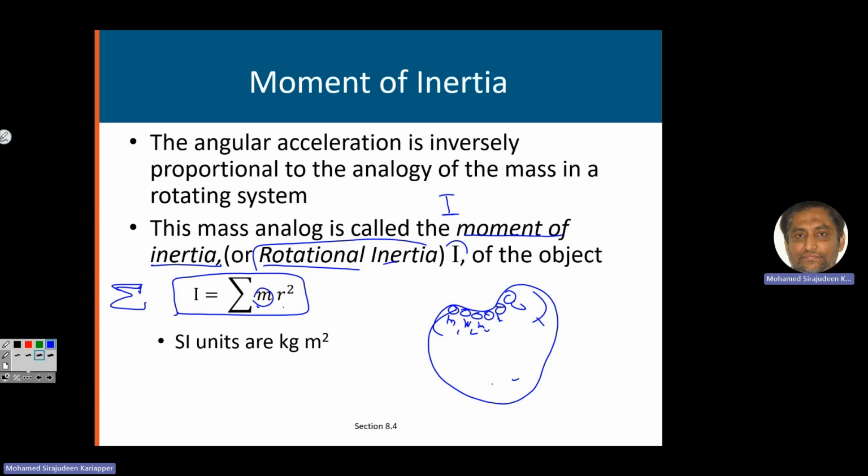Each one say m1, and someone can ask, calculate the moment of inertia about this point O. Then you have to get m1 r1, m2 r2, m3 r3, and collect all these: m1 r1 squared plus m2 r2 squared plus m3 r3 squared, and so on.